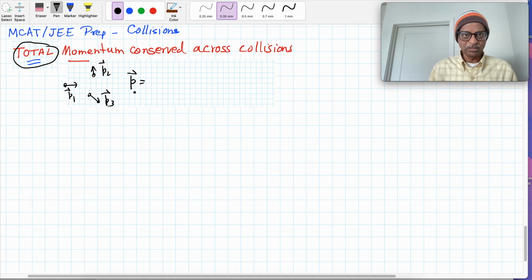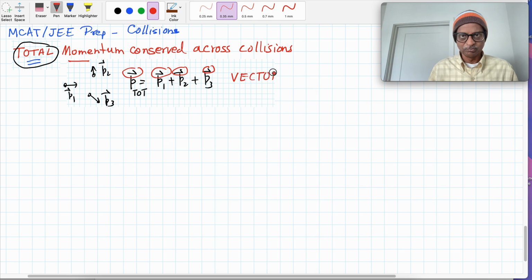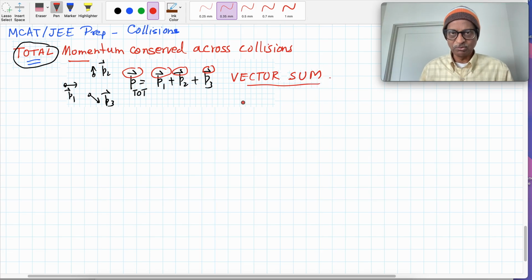So the total would be P1 plus P2 plus P3, and this is very importantly a vector sum. If you don't know what that means, you need to go back and review your vector chapter.